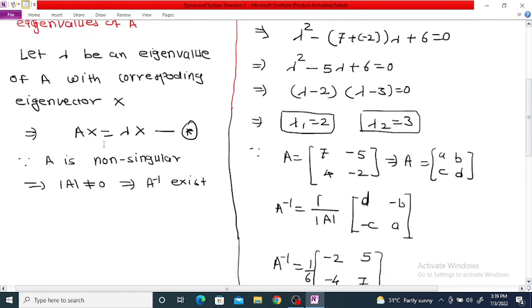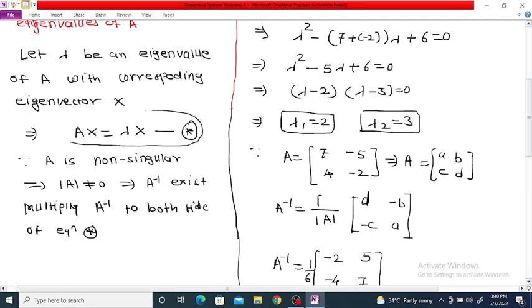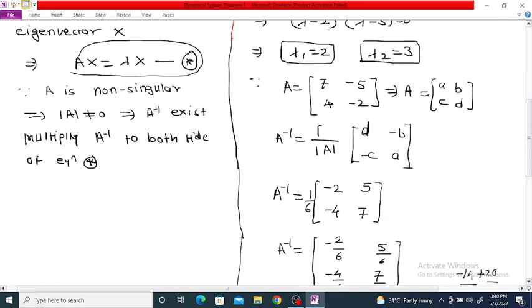So we multiply A inverse to both sides of equation star, and we get A inverse into Ax is equal to A inverse into lambda x.